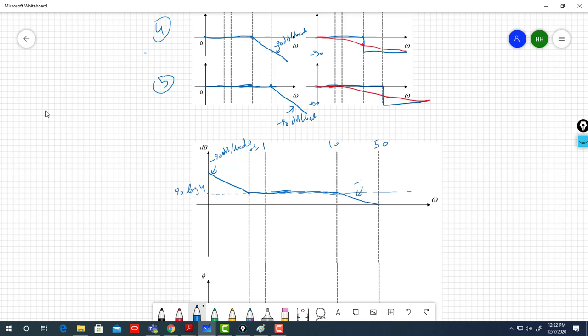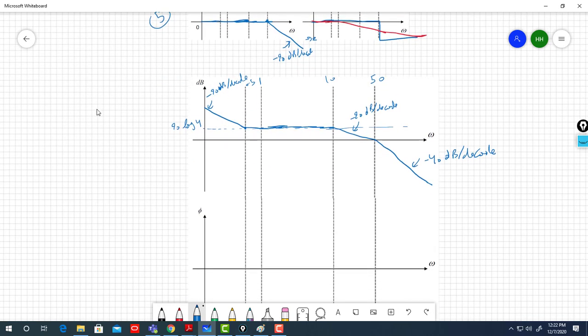If that's minus 20 decibel per decade and this is minus 40 decibel per decade, I may ask the question: who said this will be here at this point? Maybe the minus 20 decibel goes from here up to here, maybe at 50 it is here. Who said that's the slope of minus 20? Are you sure that's minus 20 decibel per decade? The blue one or the red one, or maybe the green one?